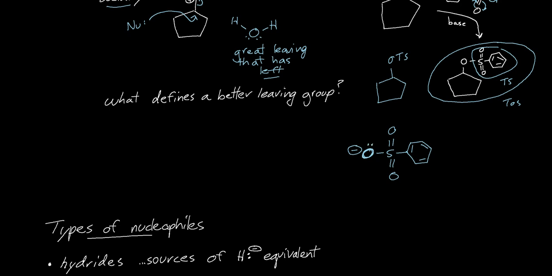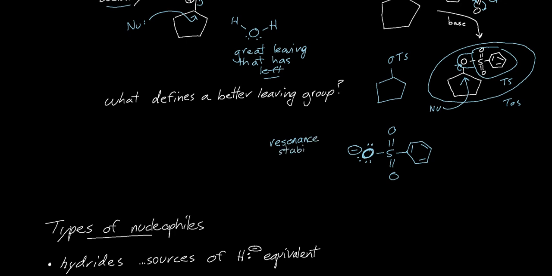Once this has left, you have a negative charge on that oxygen. So actually this whole thing is leaving up here, with the nucleophile coming in, right? So this is a better leaving group because it's resonance stabilized.